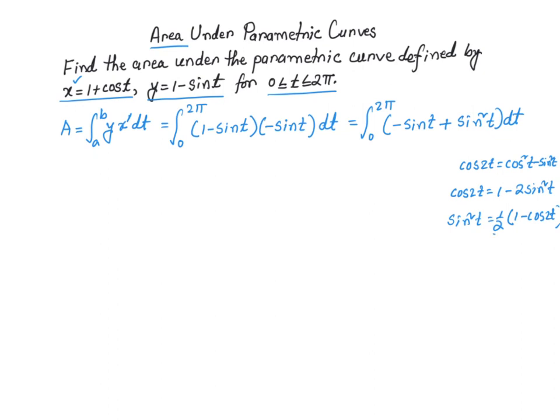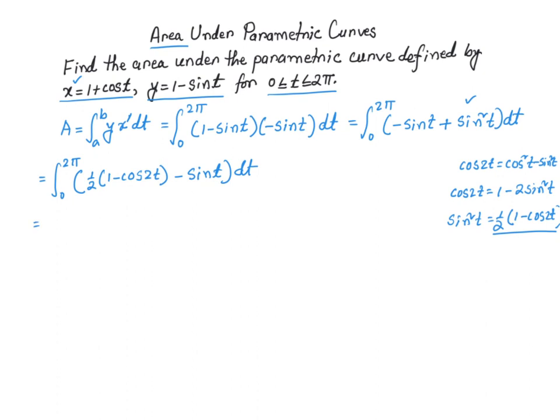So I'm going to replace sine square of t by this in the integral. That gives me integral 0 to 2 pi of 1/2 times 1 minus cosine of 2t, then minus sine of t dt.